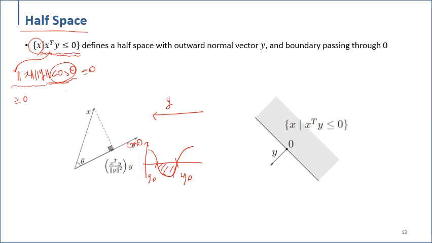So theta should be in this region, and that means the x vector should be at least larger than 90 degrees and less than 270 degrees. So that means the x vector should be located in this region. So we call this a half space.